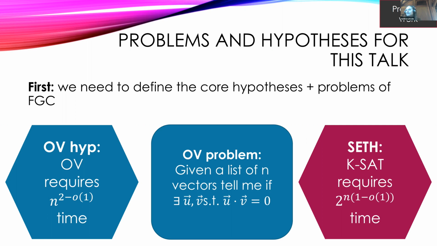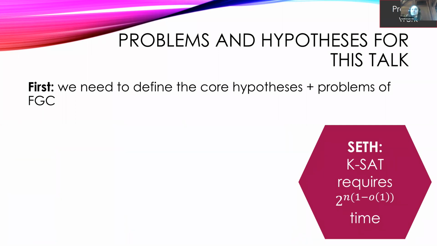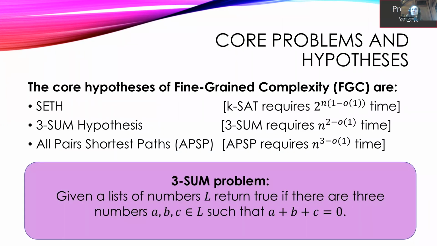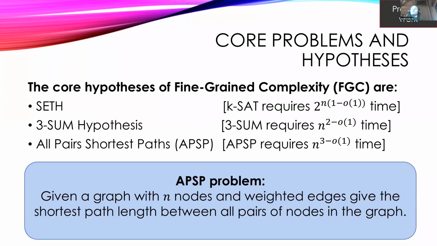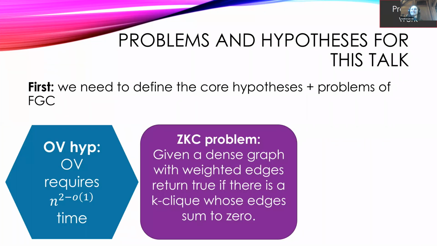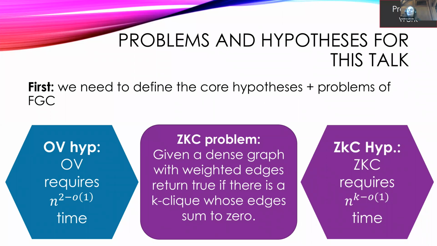That's the standard setting that people use for reductions because it's easier if it's just 0, 1. Can you also flash the zero k-clique hypothesis just for a second? Yeah. Oh, 0 k-clique, sorry. I was just wandering off into SETH. Oh, okay. Thank you. Yeah, for sure.